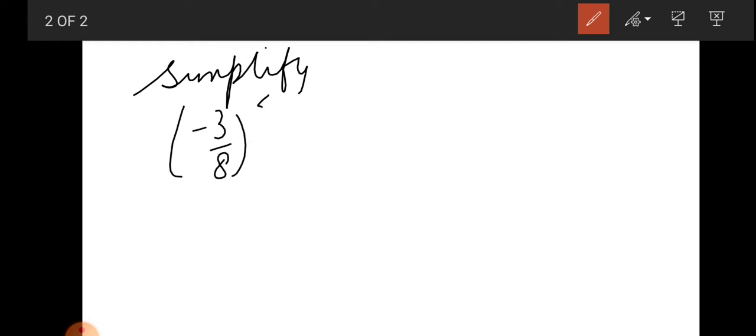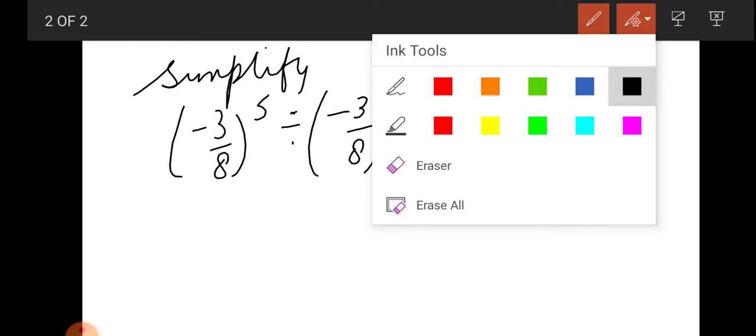Next question. Simplify minus 3 by 8 raised to the power 5 divided by minus 3 by 8 raised to the power 7.